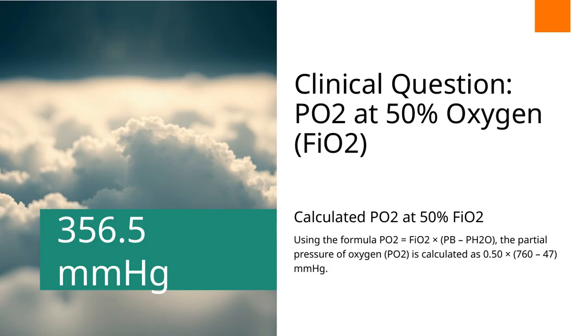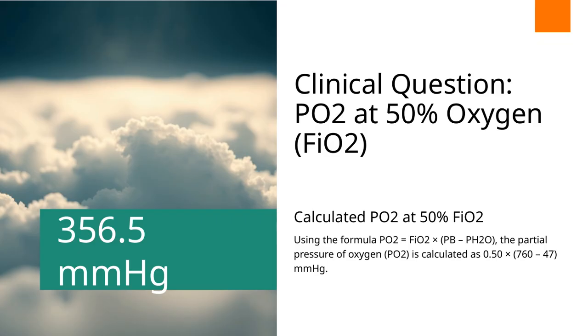PO2 equals the fraction of inspired oxygen, FiO2, multiplied by the difference between atmospheric pressure, Pb, and water vapor pressure, PH2O. In this example, we're considering an FiO2 of 50%, which is 0.5, and an atmospheric pressure of 760 mmHg, with water vapor pressure at 47 mmHg.